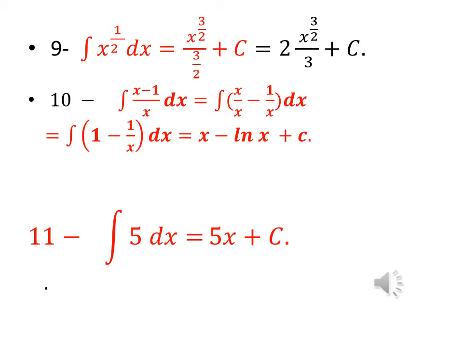So (x minus 1) over x is x over x minus 1 over x. x over x is 1, so it is 1 minus 1 over x. Here, the integration of 1 is x, minus the integration of 1 over x, which is ln x. So it equals x minus ln x plus c.